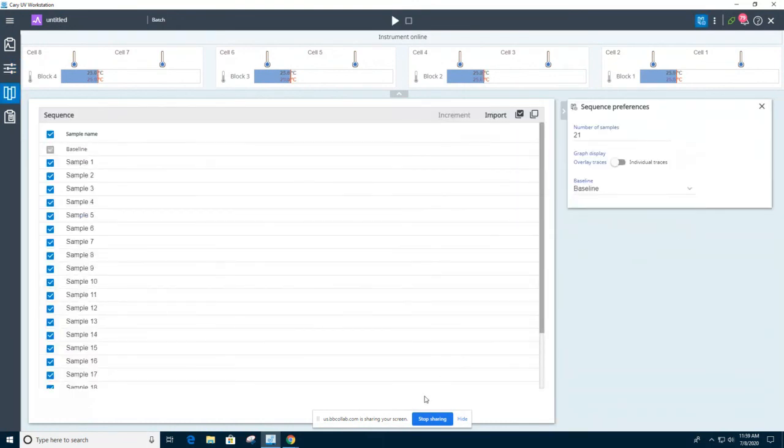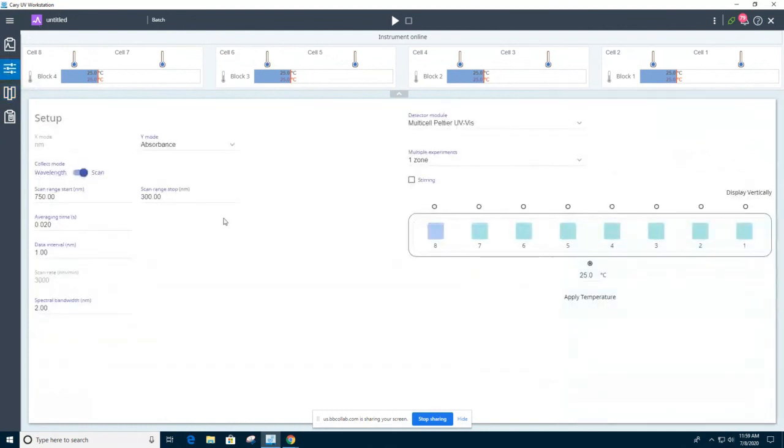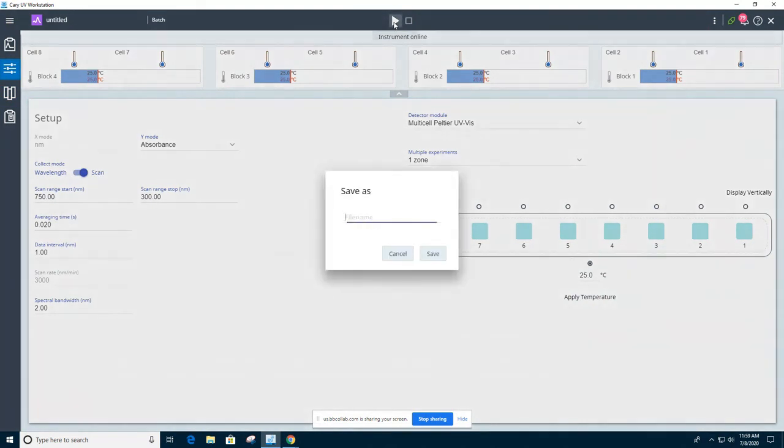I'm just going to check that I have those 21 samples ready, that I don't intend to use more than 7. But as soon as I click that forward arrow, it prompts me to give a file name. So I put my initials on it. I say charge transfer.